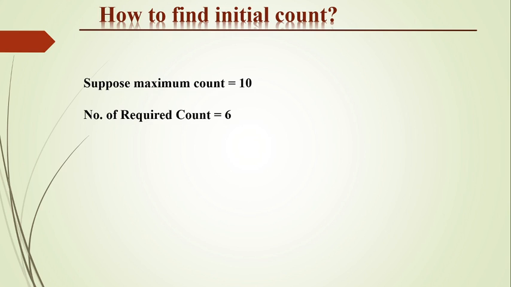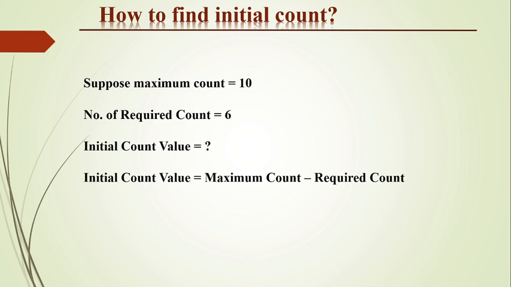So from which toy do we have to start counting? That can be found using the formula maximum count minus required count. Here the maximum count is 10 and the required count is 6, so that is 4. So we have to start counting from the 4th toy. From 4 to 9, those are the 6 toys that can be counted.